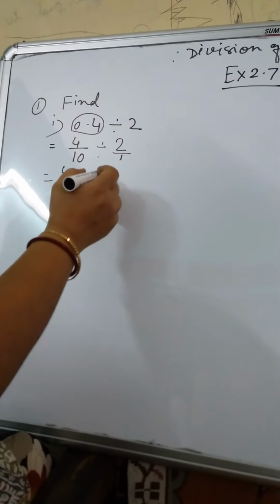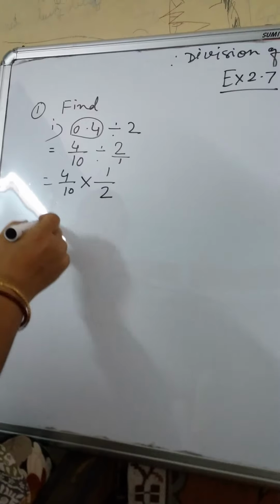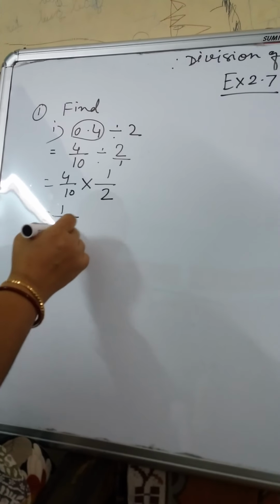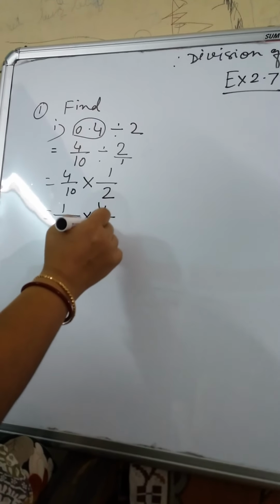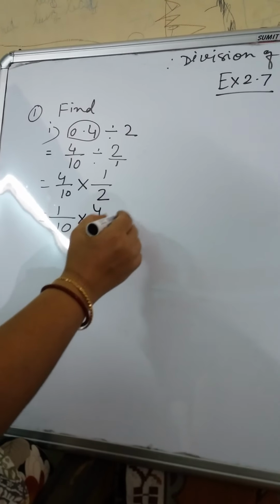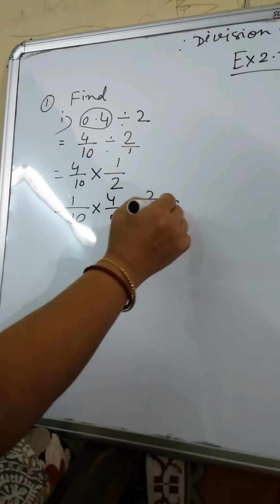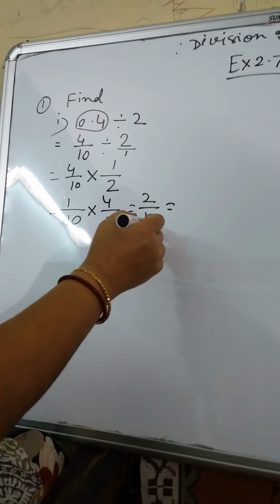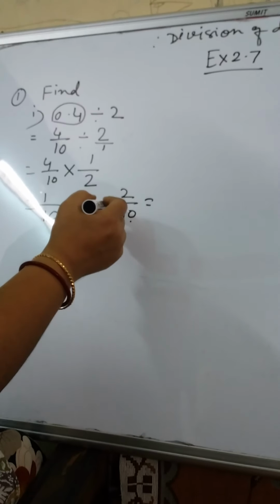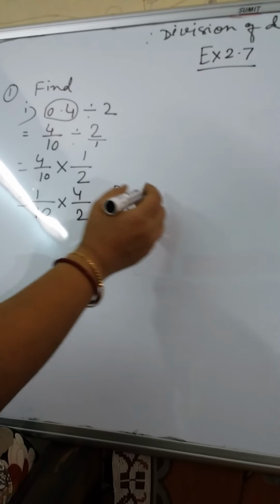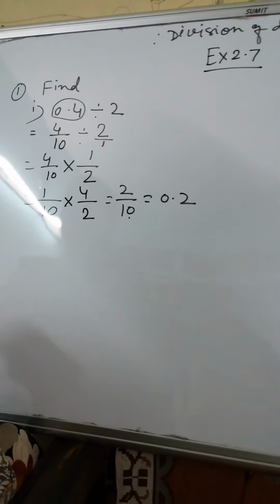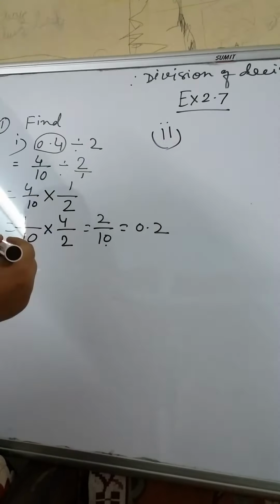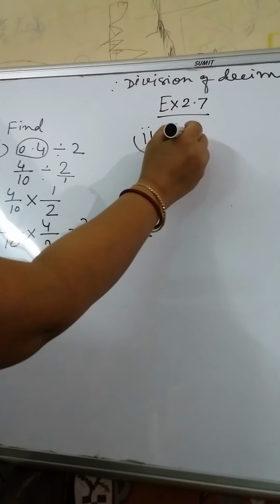So the reciprocal of the divisor will be 1 by 2. So it is 1 by 2 times 4 by 10. 4 by 2 is 2, so 2 by 10, that is 10. So your decimal will shift towards the left one place. This is 0.2.